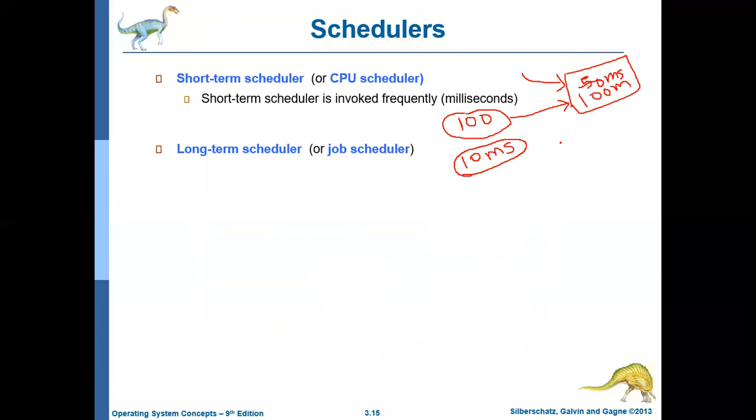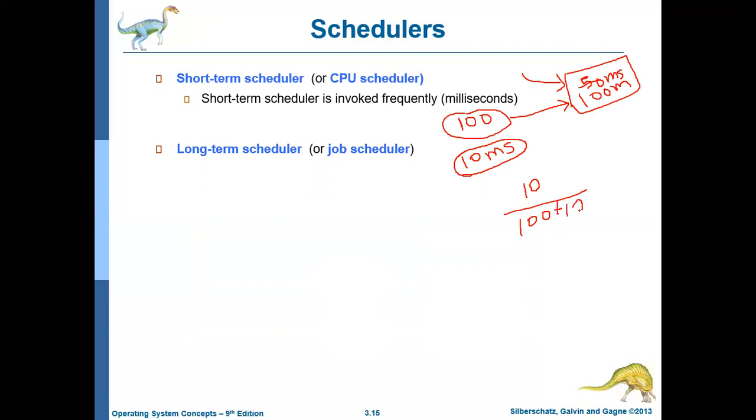In that case, how much percentage of time is getting wasted? How can we calculate this? The wasted time is the time during which the CPU is not being utilized, because the scheduler is deciding which process should be allocated to the processor.